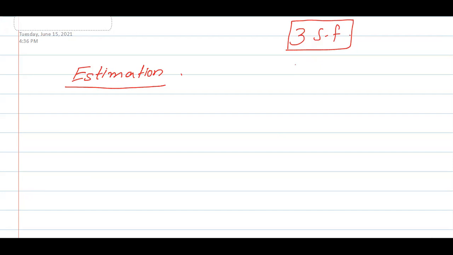Did you understand how to round to a required significant figure? For example, if I give a number and ask you to round to one significant figure, or round to two significant figures, or round to three significant figures, did you? Yes, please let me know.